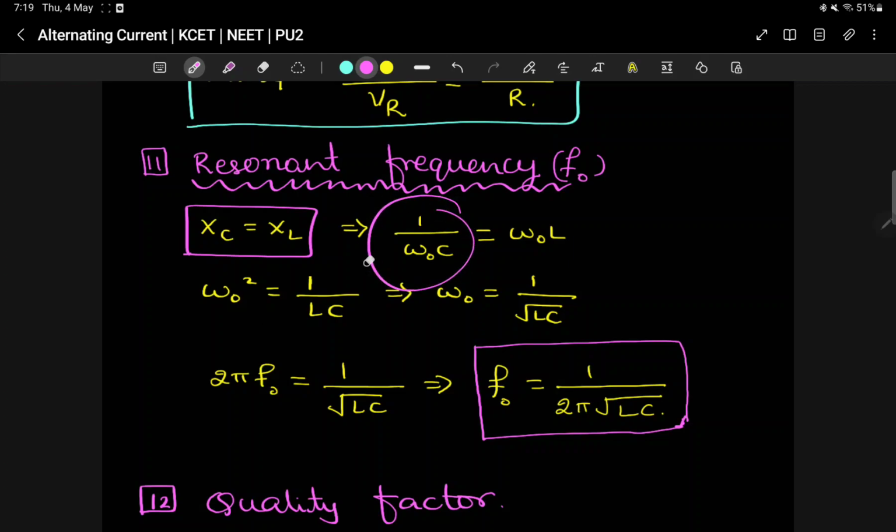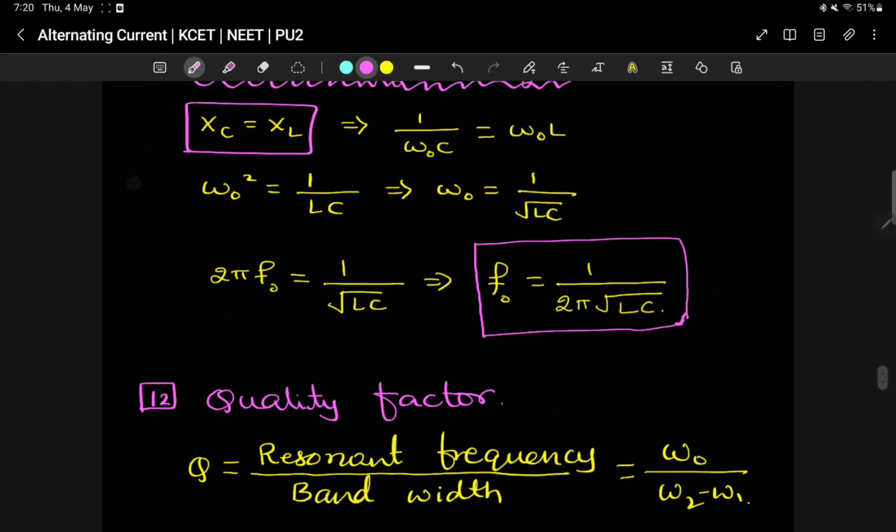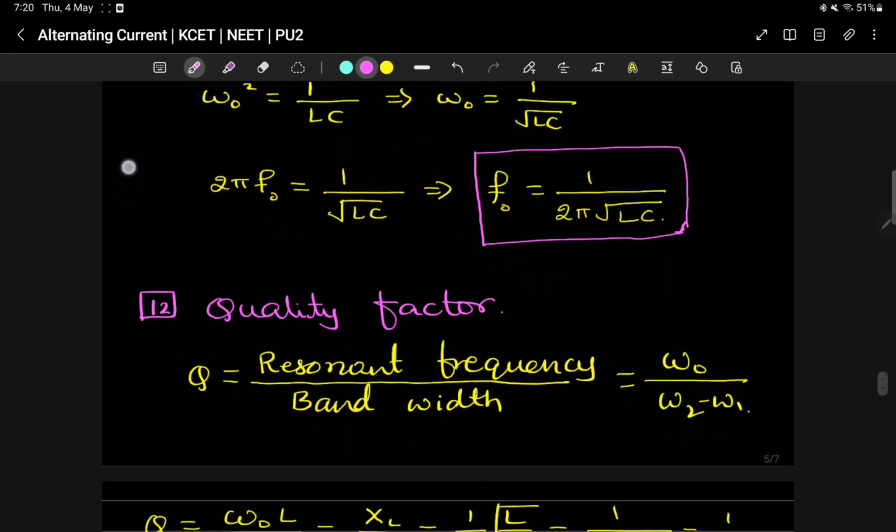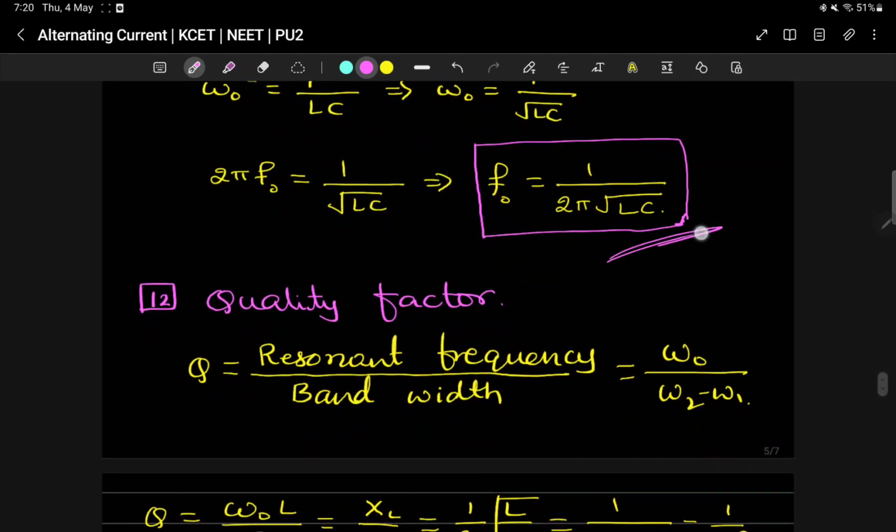XC is 1 divided by omega0 C, and XL is omega0 L. So omega0 squared is equal to 1 divided by LC, and taking the square root, omega0 is equal to 1 divided by the square root of LC. Omega is 2 pi f, so you have this. You have done this derivation for the board examination: the derivation for resonant frequency.